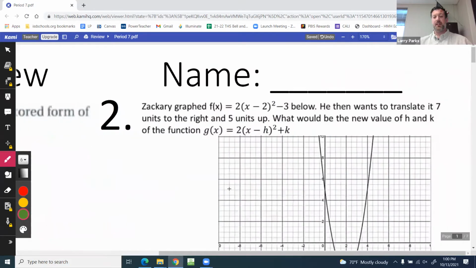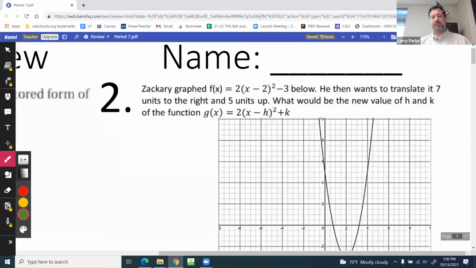Okay. Number 2, Zachary graphed this function below. Now, notice this is in vertex form, so we would say that h is 2, k is -3. You may be asking, why is h not -2? The formula for vertex always has a minus.